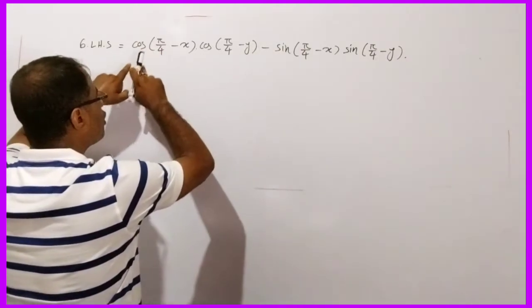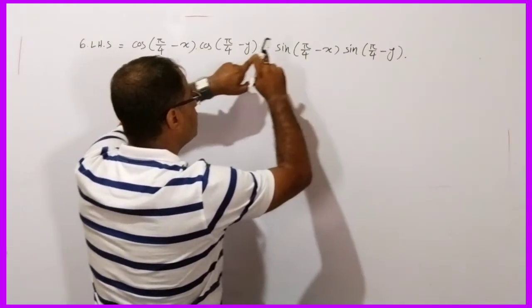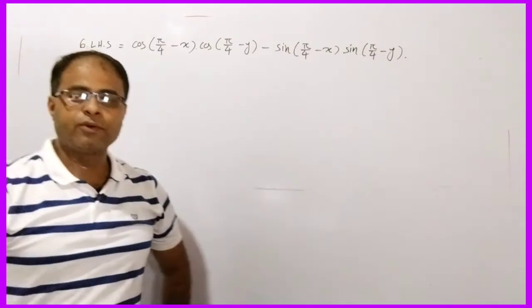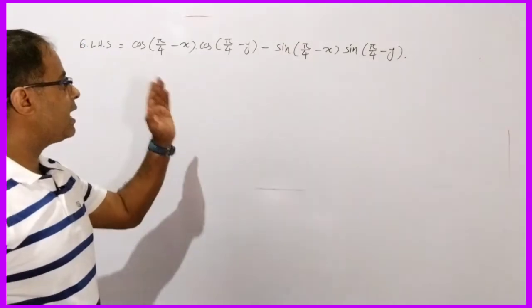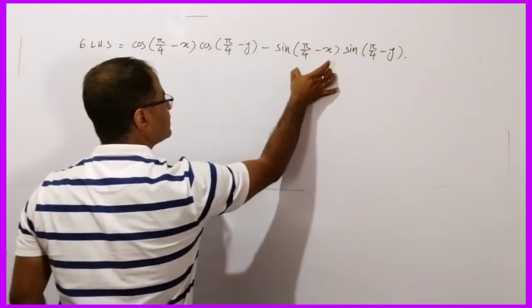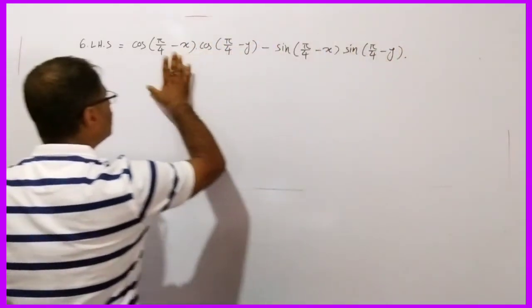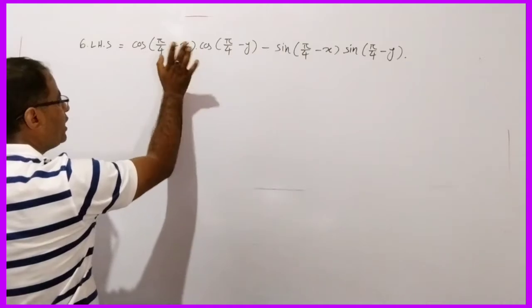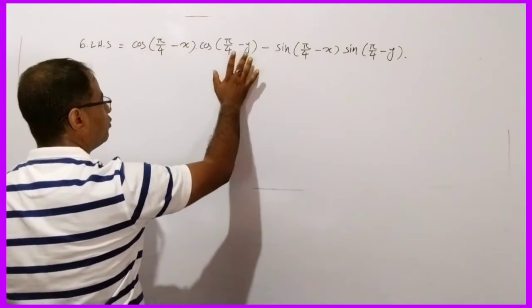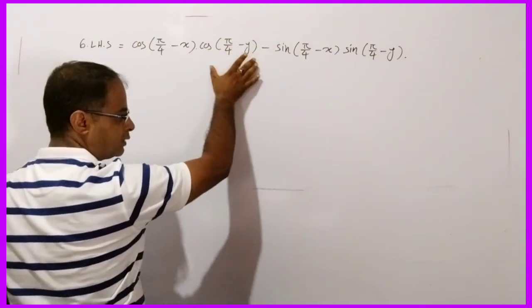Then cos a cos b minus sin a sin b is the result of the form cos of a plus b. Instead of a we have pi by 4 minus x, and instead of y we have pi by 4 minus y.